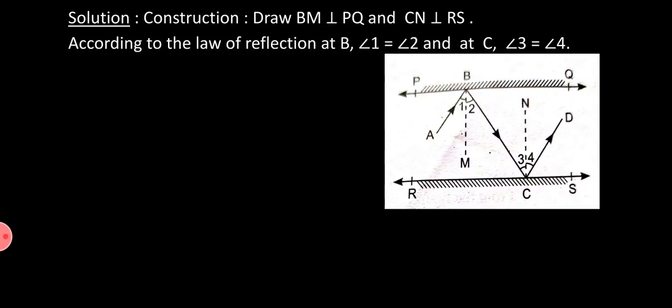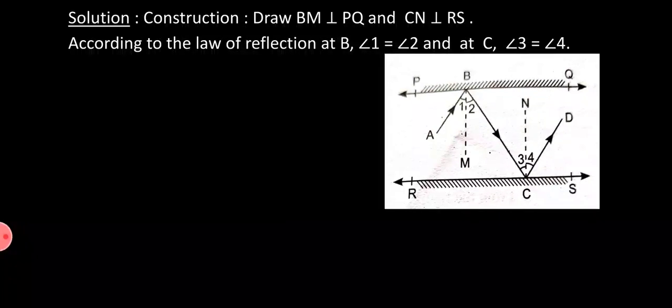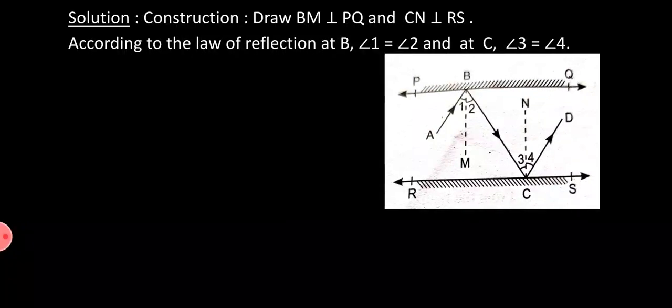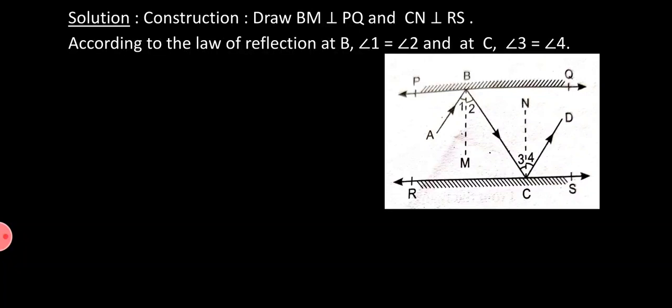According to law of reflection at B, we get angle 1 equal to angle 2, and at C, we get angle 3 equal to angle 4. We have learned in physics that when a ray is reflected, angle of incidence is equal to angle of reflection. This is according to the law of reflection.